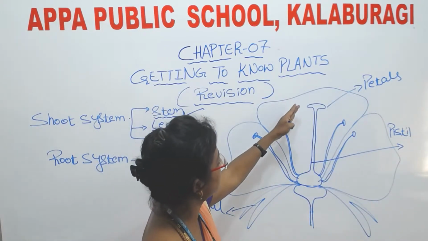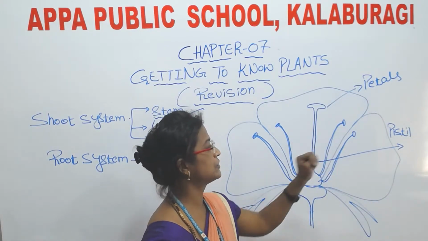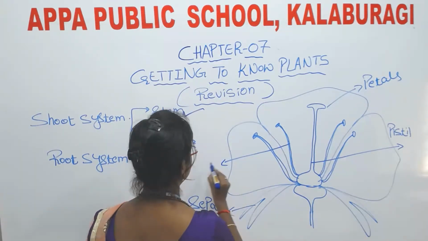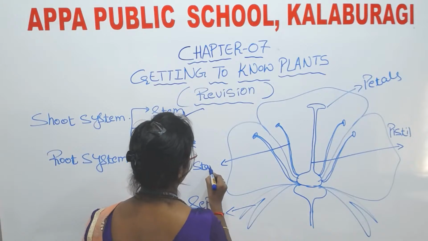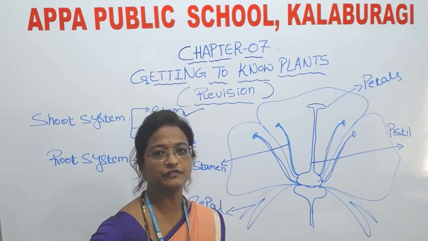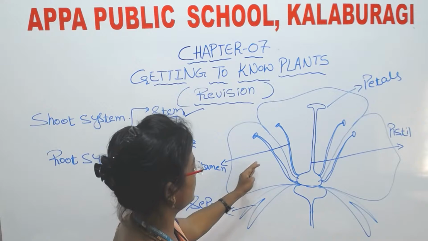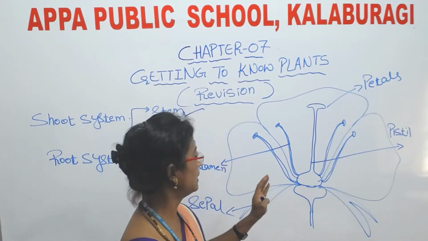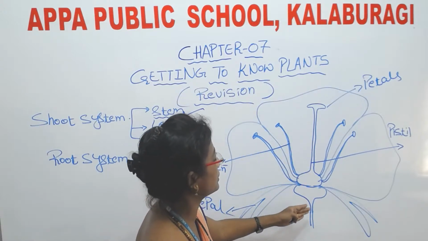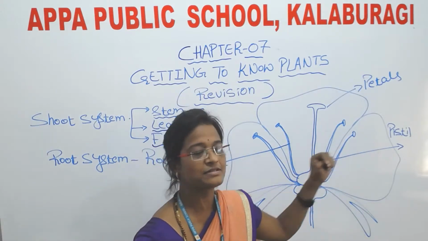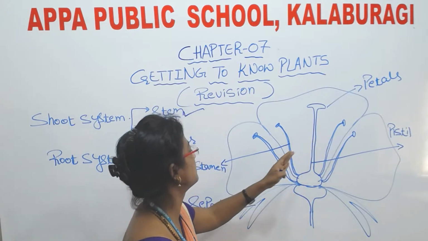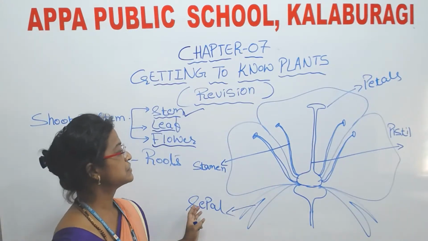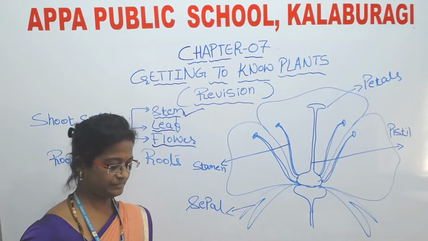And these are the stamens, male reproductive part of a flower. Okay, so these are the petals, and here is sepal, and this is the female reproductive part, that is pistil, and these are the stamens, the male reproductive part of a flower. Okay, so this is about flower.